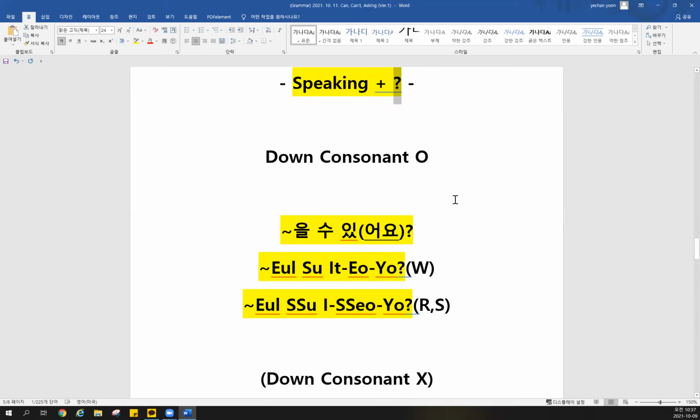Blah blah 수 있어요? Slow down. Blah blah 수 있어요?